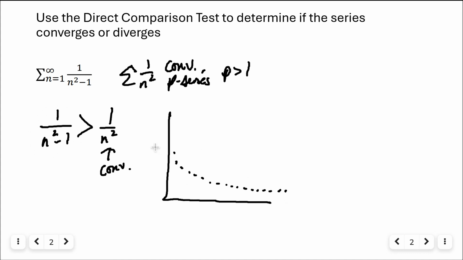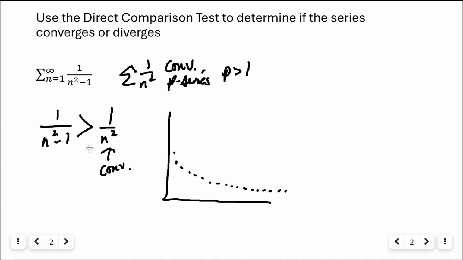Well, with the direct comparison test, I don't know what this other series does, because it's bigger than this one. So it might come down and converge, but there's nothing pushing it down. I mean, it can go straight up to infinity if it wants. So I don't know. So the direct comparison test here fails. It doesn't work. I can't use the inequality in this direction.